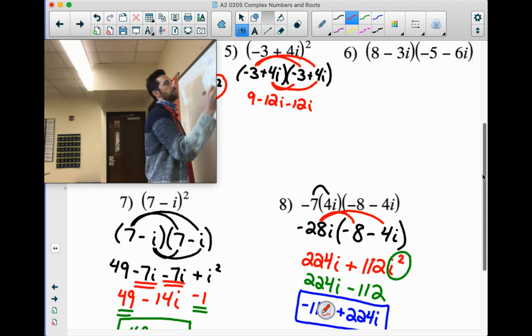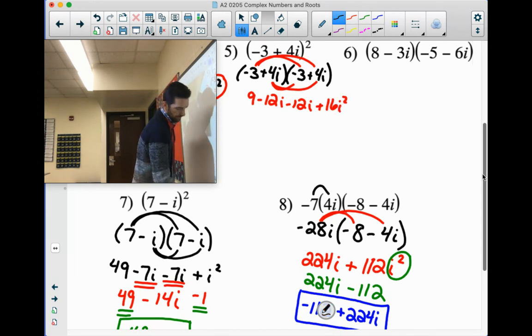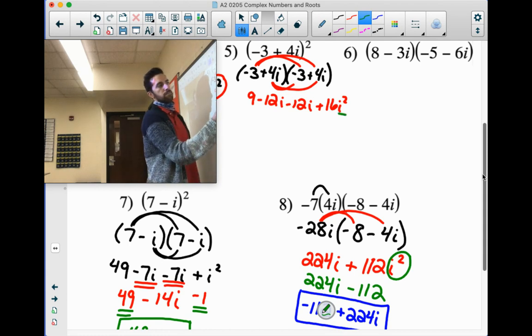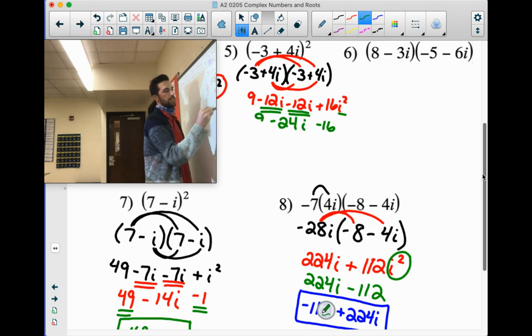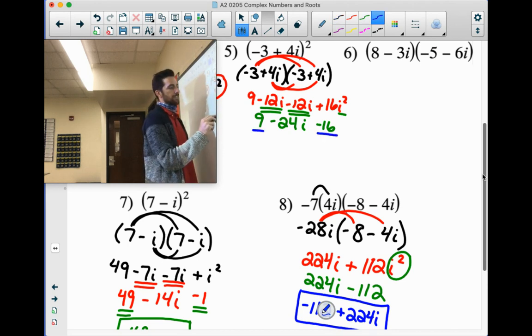And the last would be +16i squared. i squared is -1 times 16 is -16. -12i minus 12i is -24i. We got the 9 in the front. We can combine our regular numbers. 9 minus 16 is -7 minus 24i.